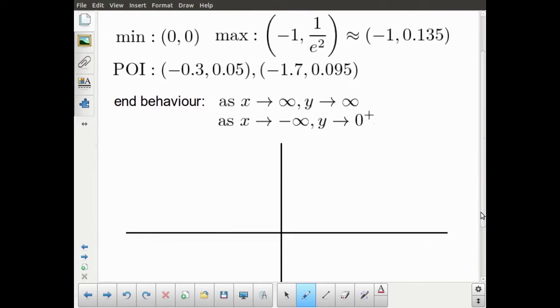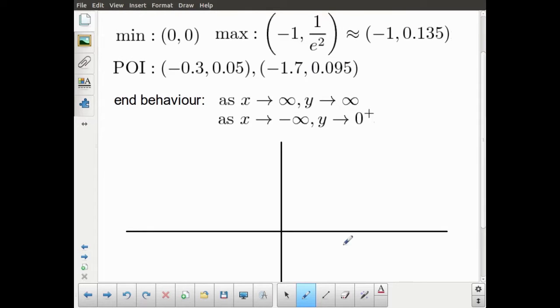So let's go ahead, and I'm going to do this very roughly. It looks like most of what's interesting is happening over on the negative side. So I'm just going to roughly divide this. I'll make this -1, make this -2, make this -3. I see I have a minimum at 0, 0, and we knew that was a minimum because it was concave up at that point.